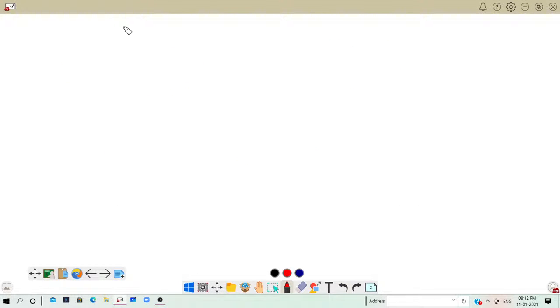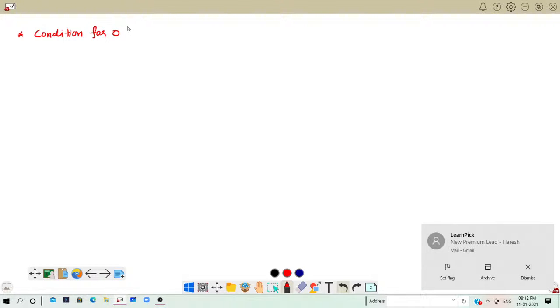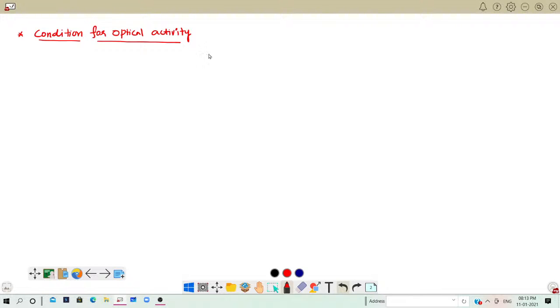So what is the condition for optical activity?